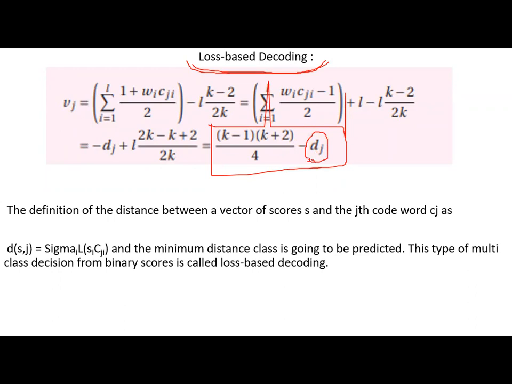So our distance must be subtracted from this, where k is given. This type of thing is called loss-based decoding.